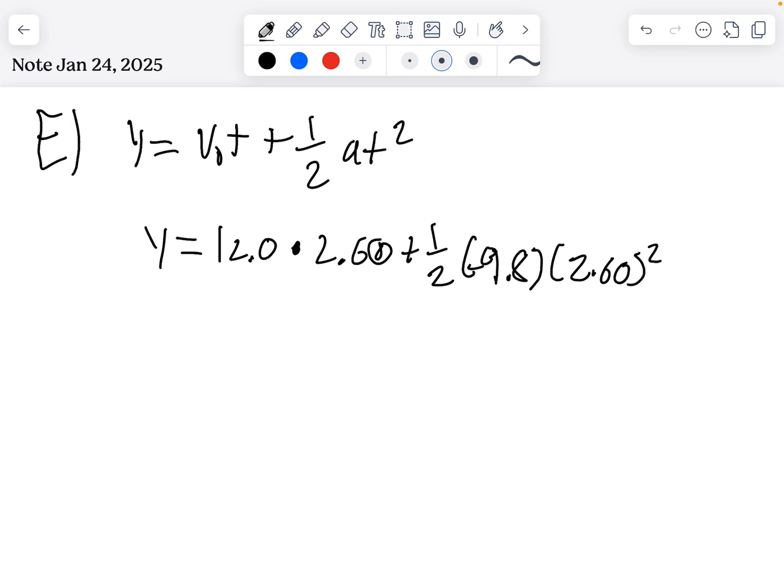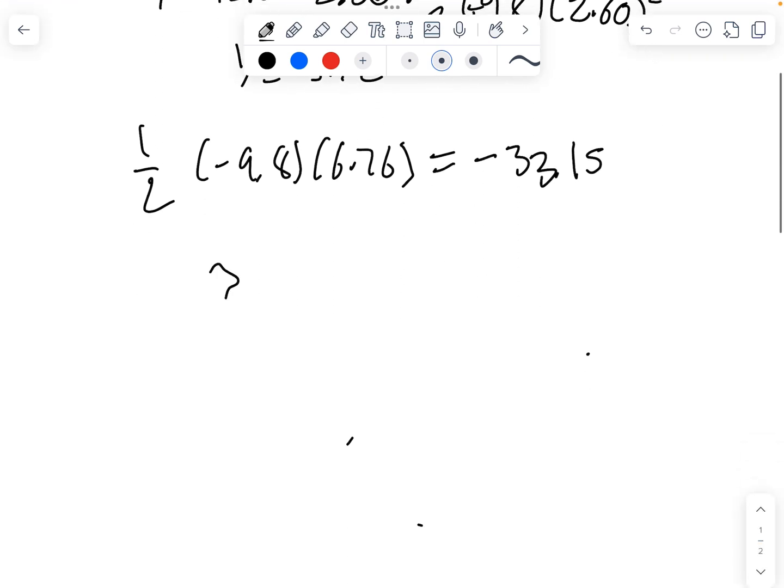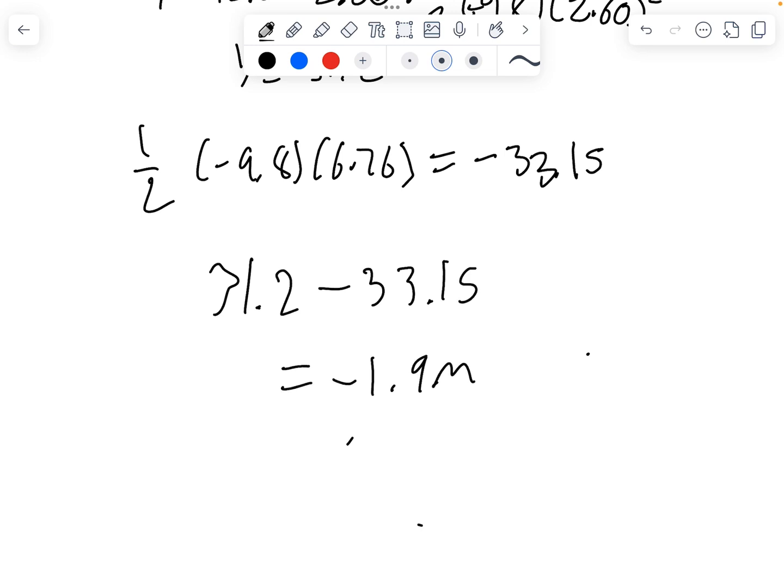The first term is 31.2, and the second term is negative 33.15. Putting these two values together, 31.2 minus 33.15, leaves you with negative 1.9 meters.